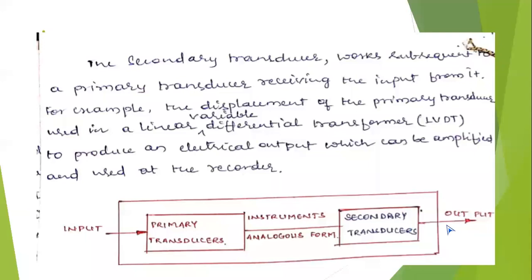That output comes from the secondary transducer, which converts the output coming from the primary transducer into the required form, and again it is transduced and gives the output. So in any measurement, the primary and secondary transducers are very, very important.